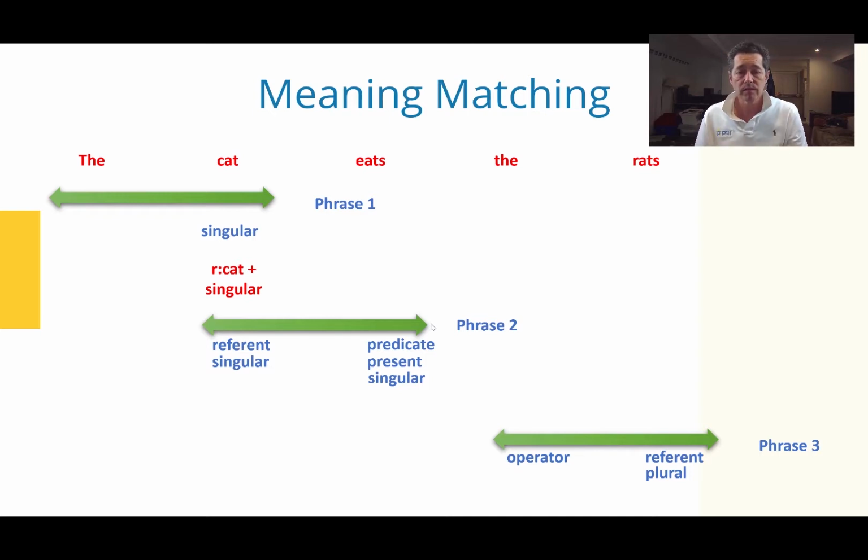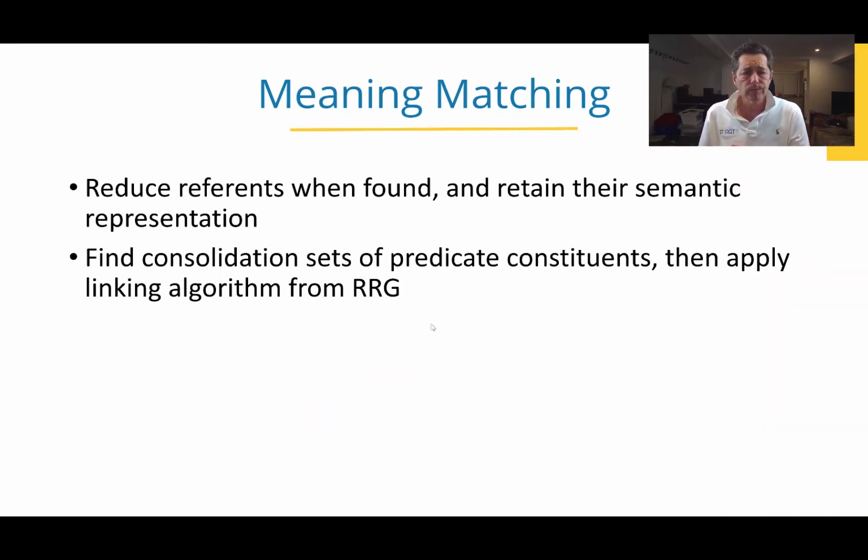And then we've got a third phrase which is going to match the rats. So the meaning of the second one is going to be eat, singular, plus a reference to that PSA, the privileged syntactic argument, which is the meaning of cat, and then we're going to add in as the direct core argument the rat, which is also plural. And that's our consolidation set.